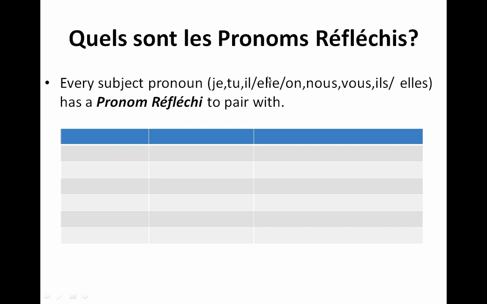So for each of these, there's going to be a pronom réfléchi that pairs with them, okay? So let's see the first one. You have your pronoun right here, then the column of the pronom réfléchi, and then the example.